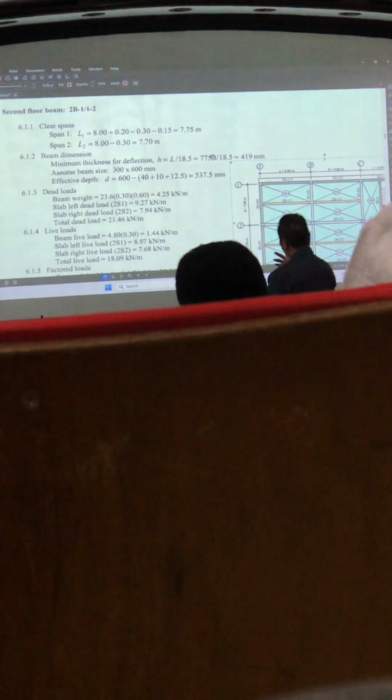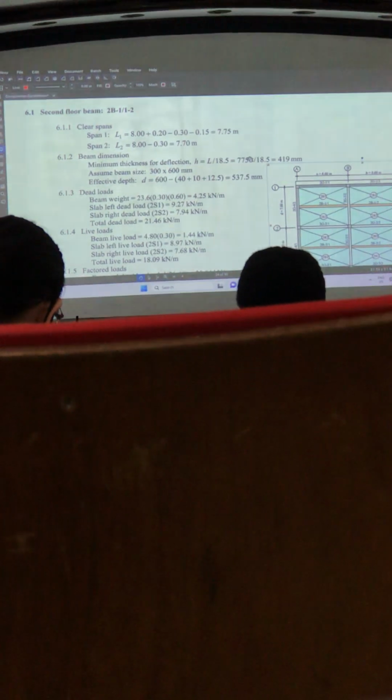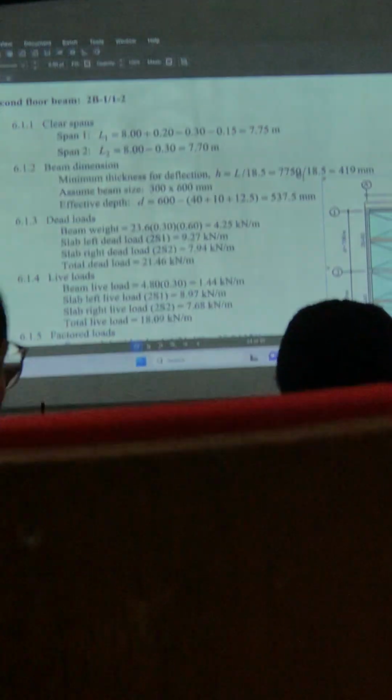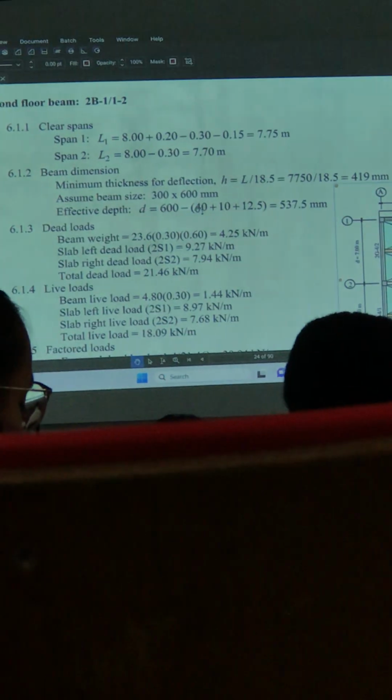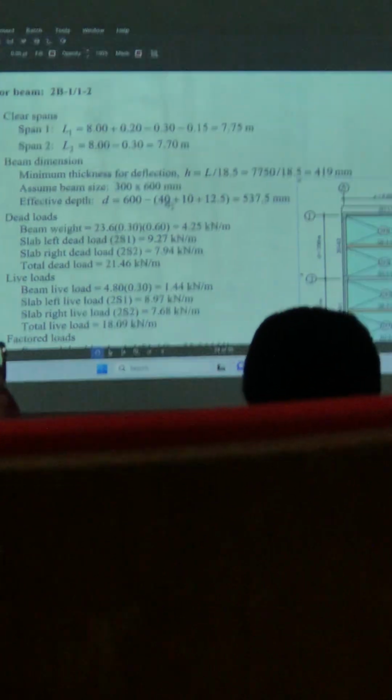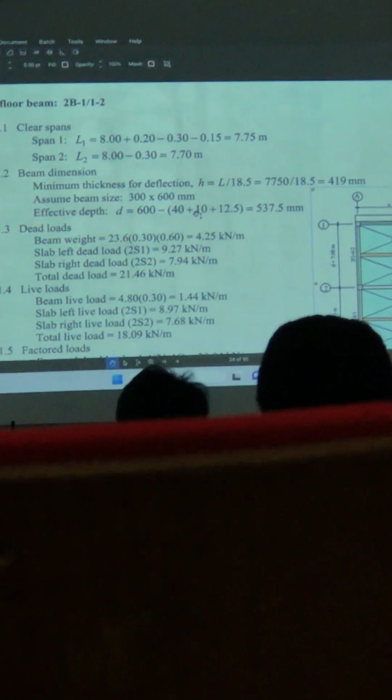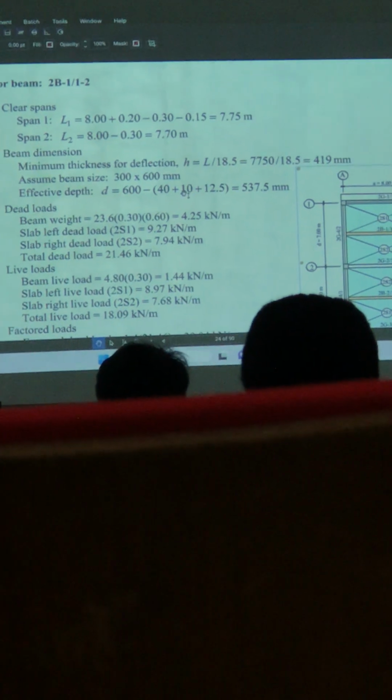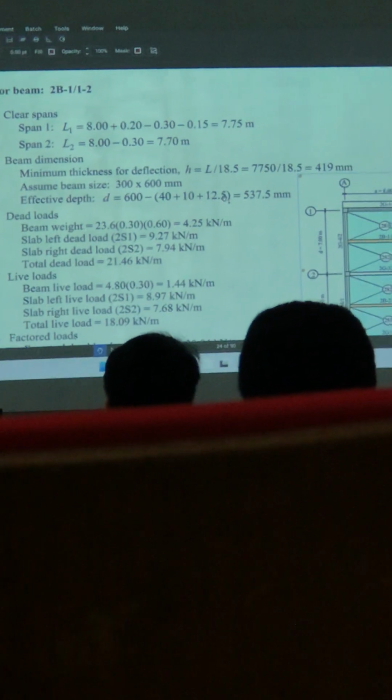So the assumed size in our presented computation is 300 and 600. From that, we compute the effective depth. We have the depth of the beam, 600, minus the protective cover, 40, then minus the diameter of the stirrup, 10 mm, then minus half the bar diameter.